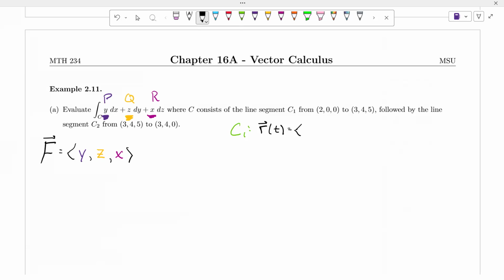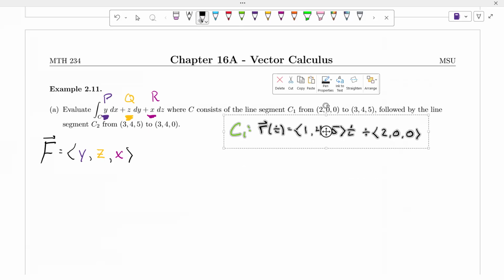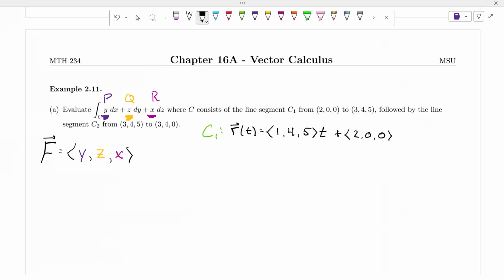If I want to go from 2, 0, 0 to 3, 4, 5, I need to go over 1 in the x direction, 4 in the y direction, and 5 in the z direction. So all of that times t. And my starting point was 2, 0, 0. Just slide that a little bit to the right because I still need to say that t is going to be in 0 to 1.